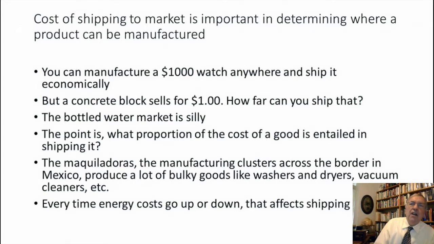A good part of what we're talking about today is that geography is about where things are. An important factor is shipping things back and forth and what it costs to manufacture it somewhere and ship it somewhere else.